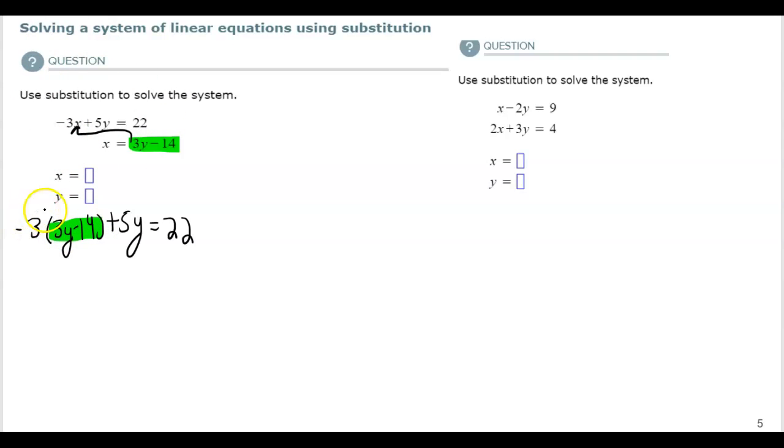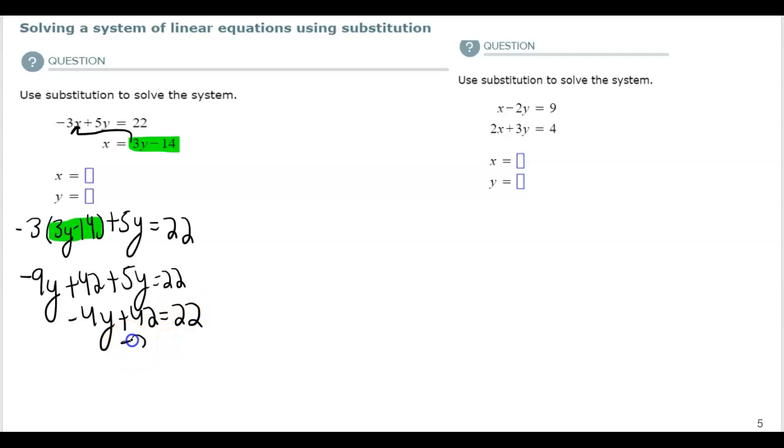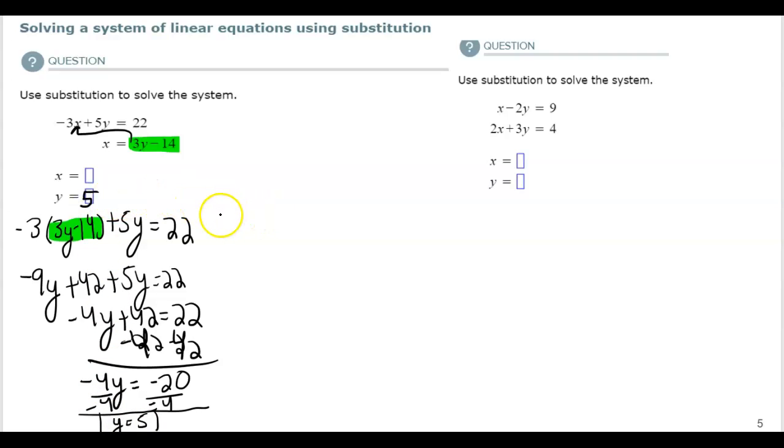Now I have an equation with all y's, and I can just go ahead and solve that, doing my basic steps to solving a linear equation. So I know that y equals 5.